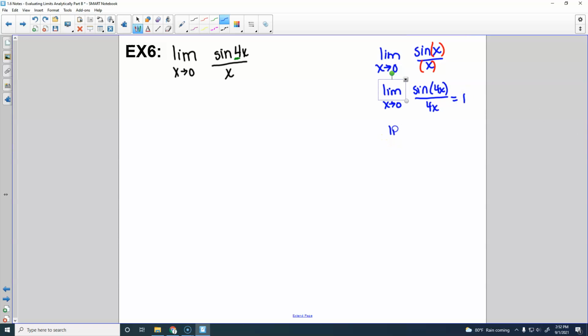Or if I had the limit as x approaches 0 of sine of x minus 2 over x minus 2, I think it would still equal 1, I believe.